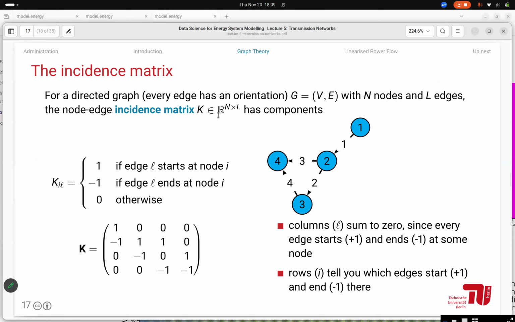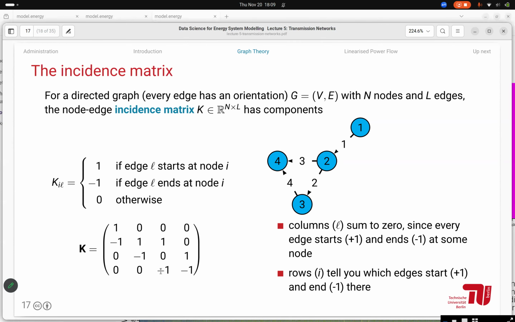So in this graph here, we have a connection from 1 to 2. So we have a value of 1 for the first row, which represents vertex 1, and -1 at the receiving end. So that would be node 2. And then if we pick edge 3 or connection 3 from 2 to 4, we have a 1 at row 2 and a -1 at row 4.